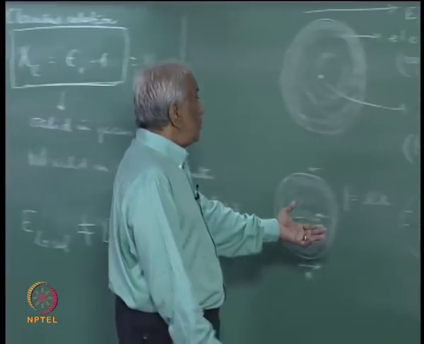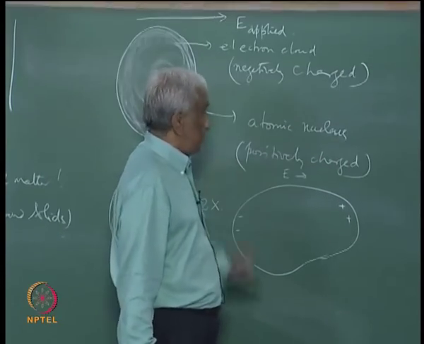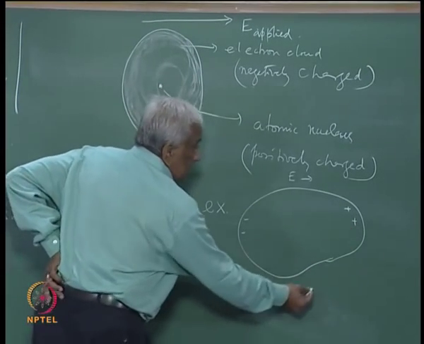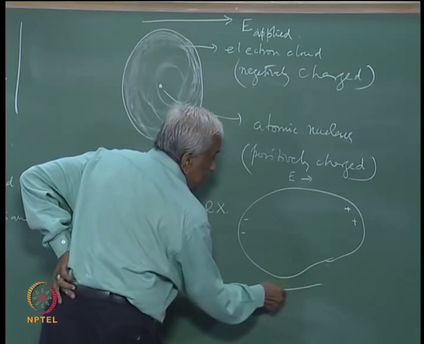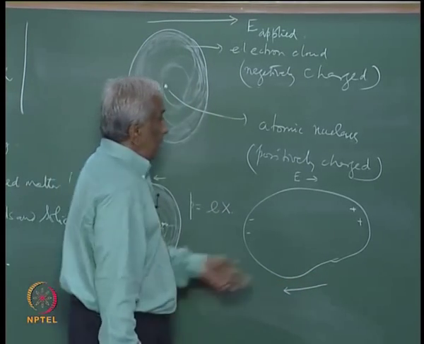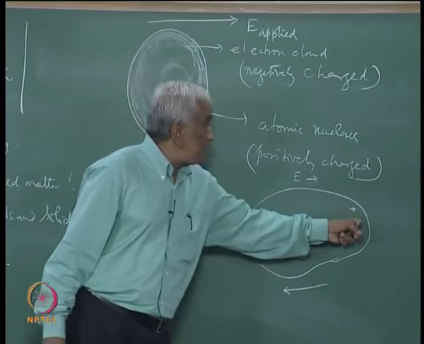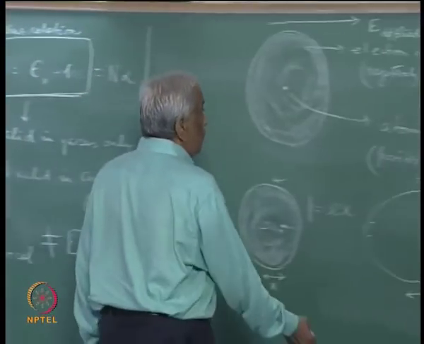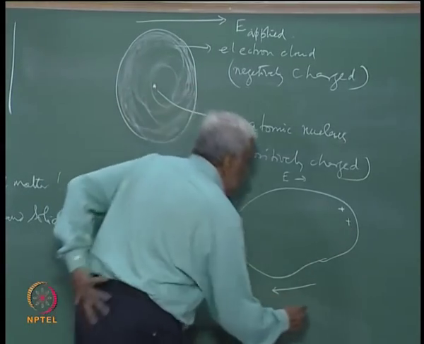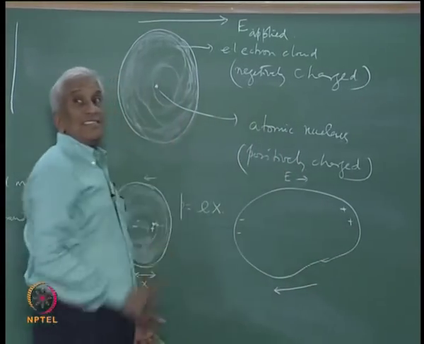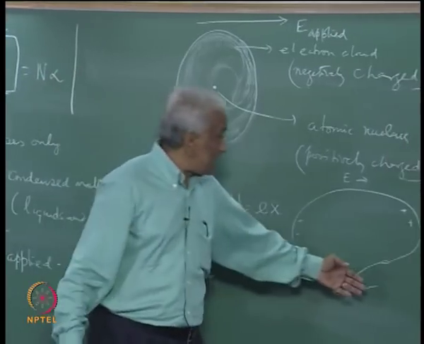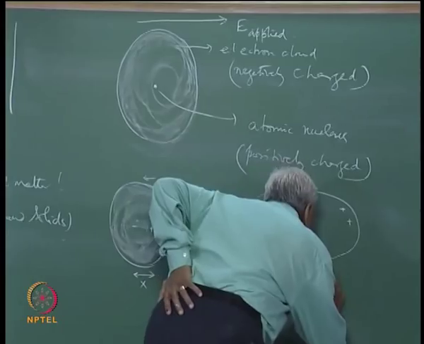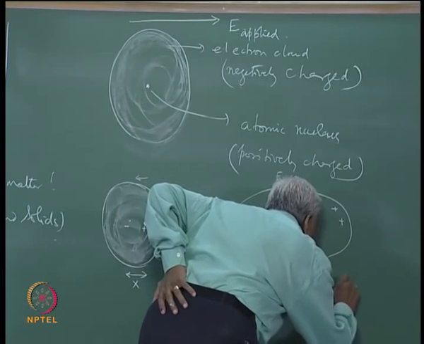So, this is what gives you a net electric polarization, but because of this displacement, there is also an electric field due to the presence of the positive and negative charges here. So, that gives you an internal electric field which depolarizes the original field, because it is acting in the opposite direction from the positive to the negative charge. So, this is the direction of the depolarizing field.